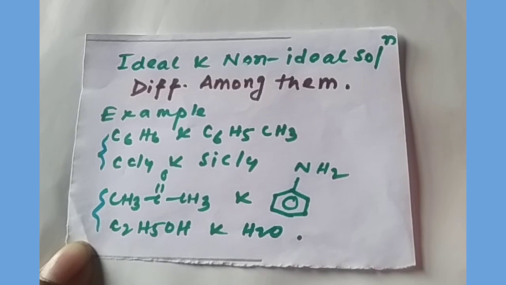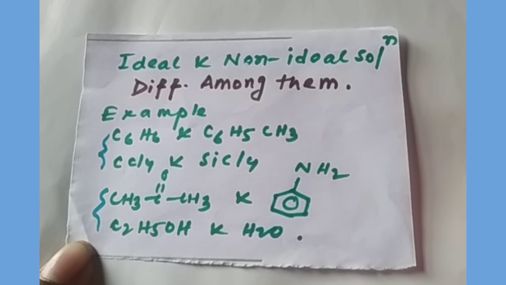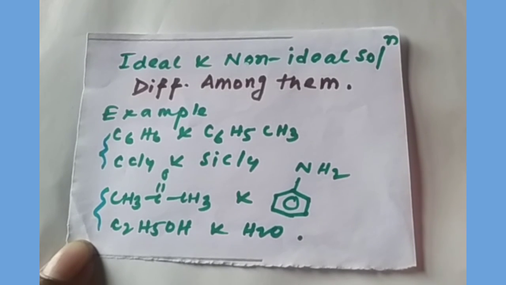But in a non-ideal solution, there is no such case, so del V mixing is not equal to 0. We have seen that liquid pairs having similar character form the ideal solution, so with similarities of shape and size there is no change in the intermolecular distance, and del V mixing is 0.